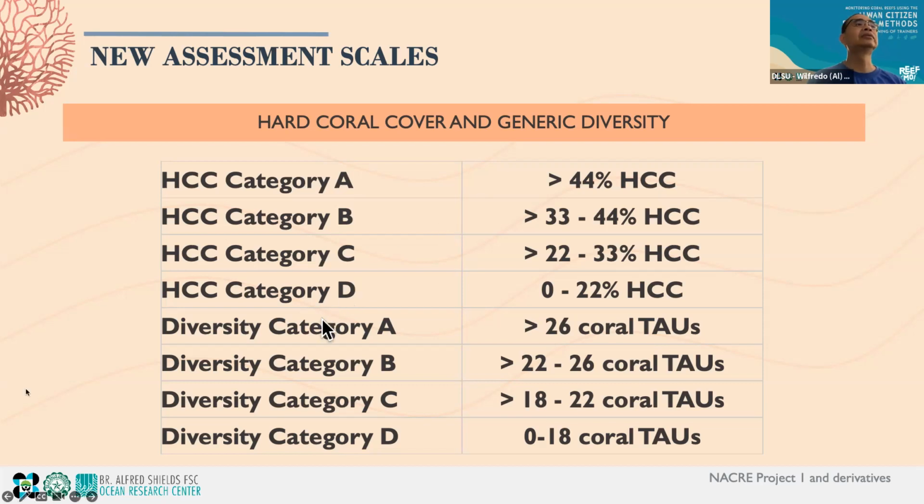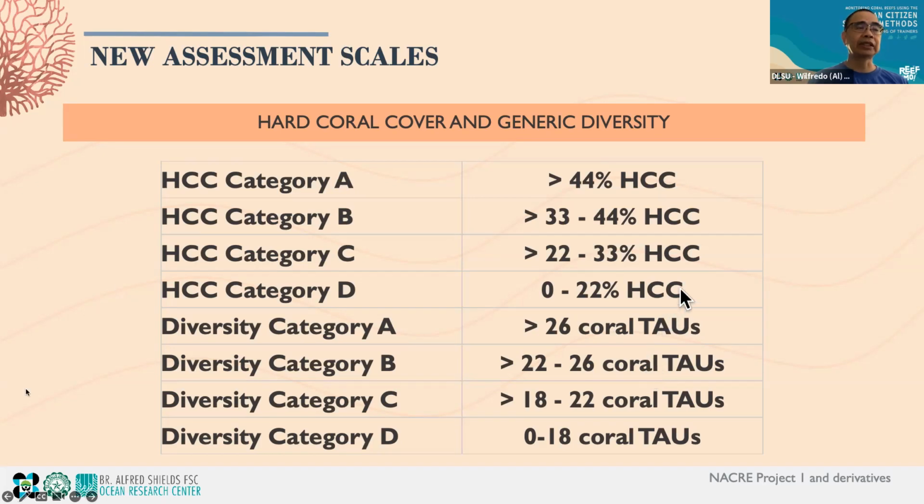We want to emphasize, though, that besides using this scale, which is more realistic for the current status of reefs, it's best that you also use a second scale, which refers to the variety, the number of varieties of taxonomic agglomeration units, basically genus growth form combinations.